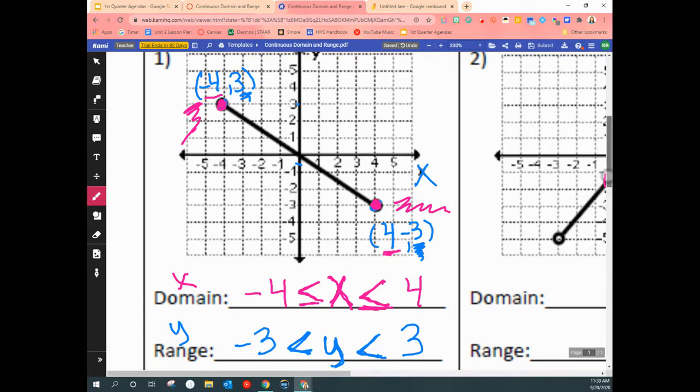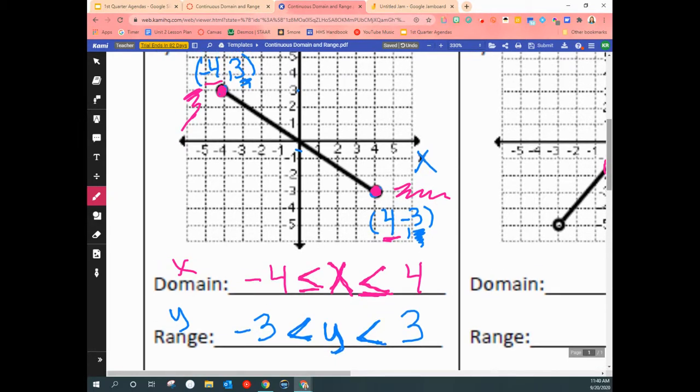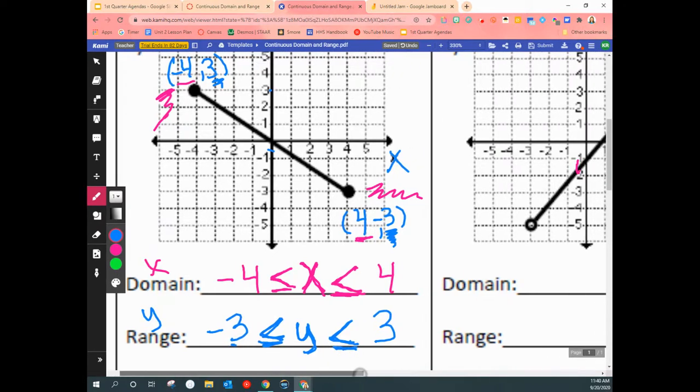Then you decide, last thing, do I put lines underneath my symbols? Why, yes, because I've covered them up, but honestly, these endpoints were colored in. So I need lines to show that I have to include the numbers -3 and 3. So then you just decide, do you need a line under your inequality symbols?